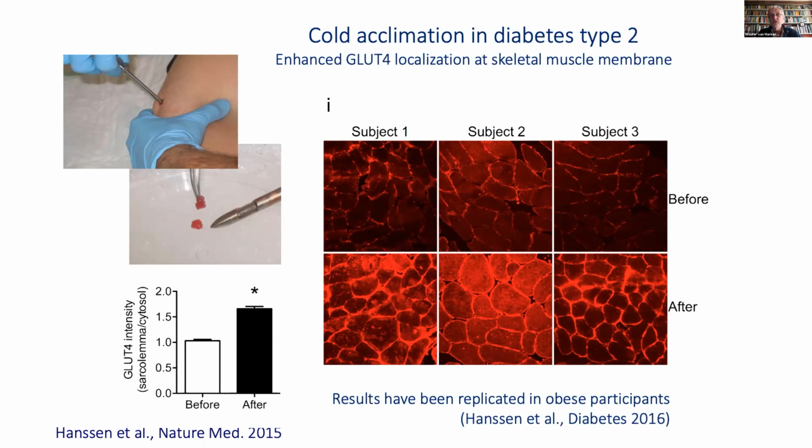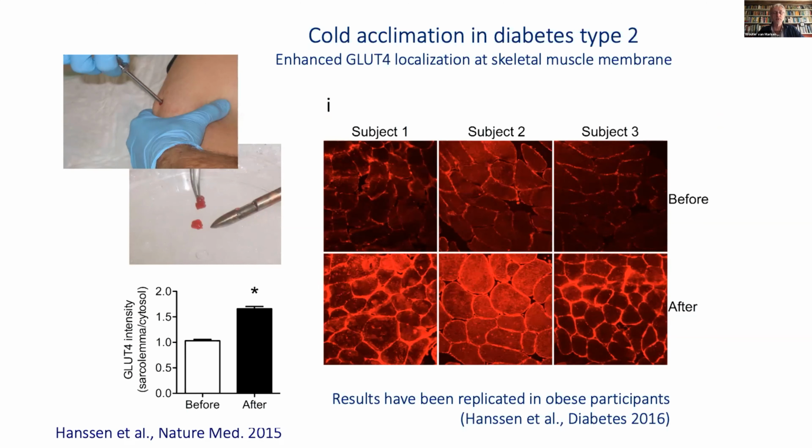The conclusion then is that it's not only brown fat that plays a role in the improvement in insulin sensitivity, and maybe skeletal muscle is even more important. So we're having a puzzle here. We do see a very functional brown adipose tissue, but maybe it's not working on its own.